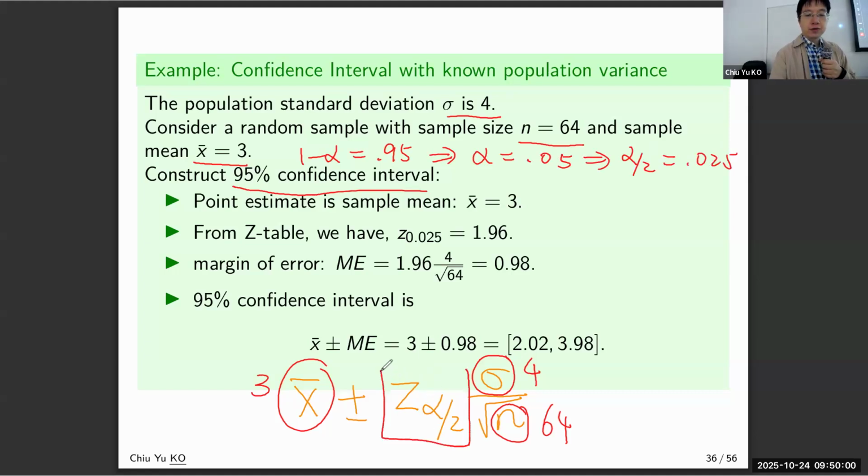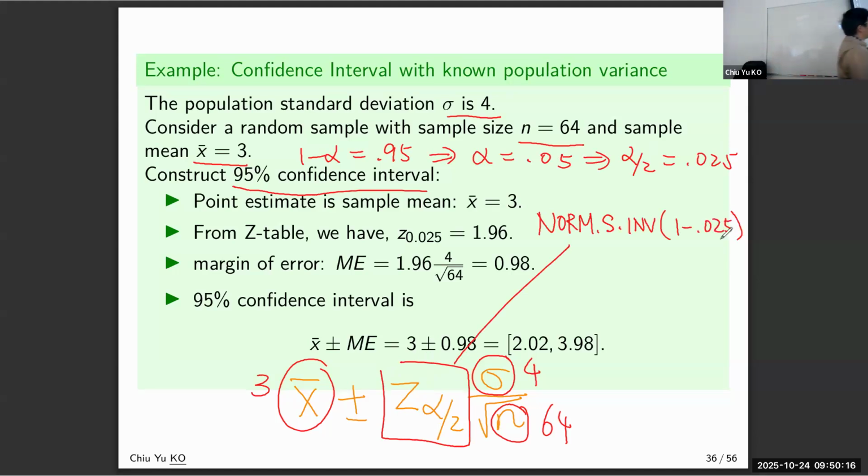And Z alpha over 2, simply in Excel, we just use NORM.S.INV of 1 minus 0.025, so it's 0.975. That would give you 1.96.